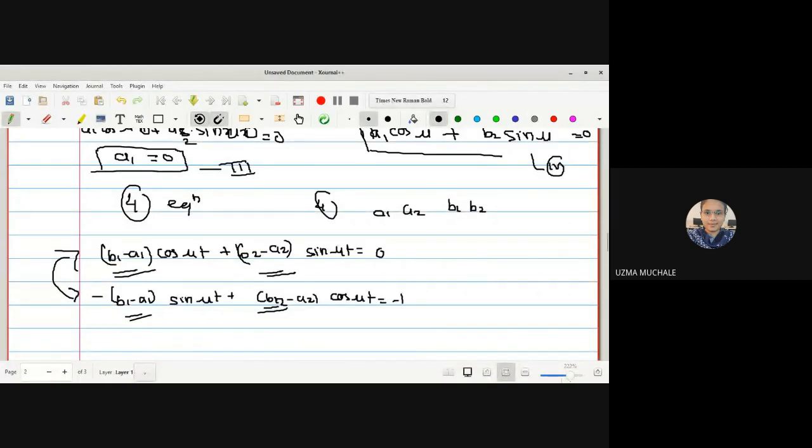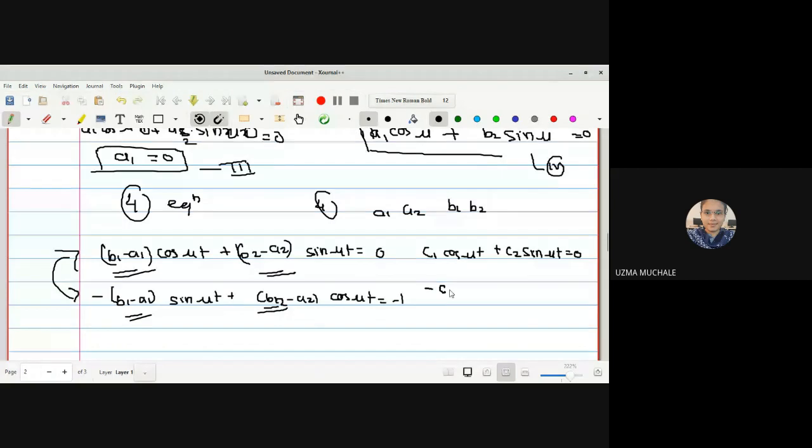What will be the form of the equation? I will write here: C1 cos mu t plus C2 sin mu t equal to 0.